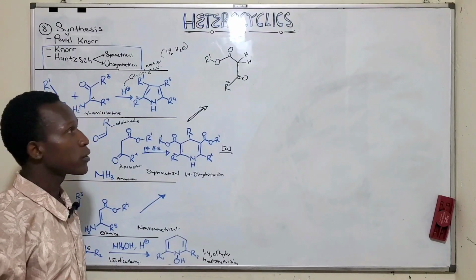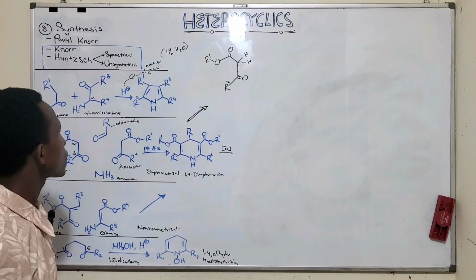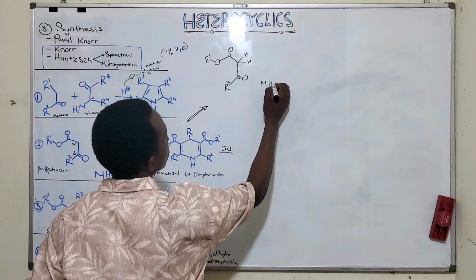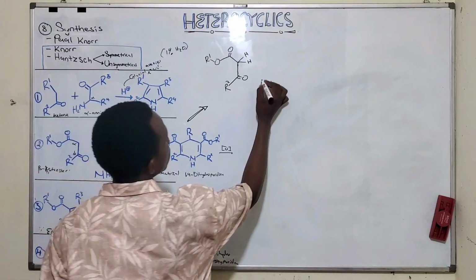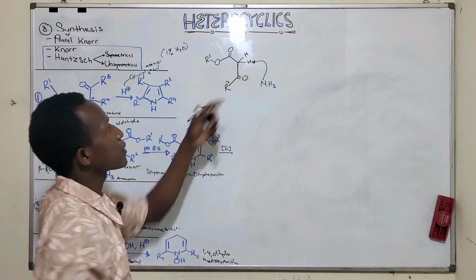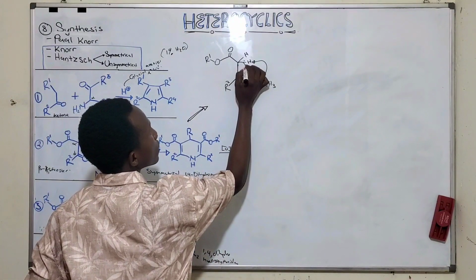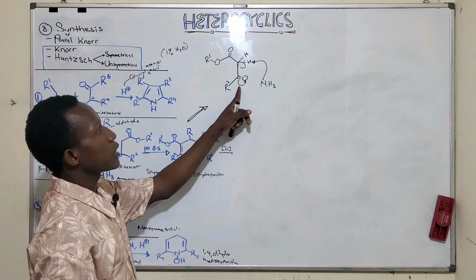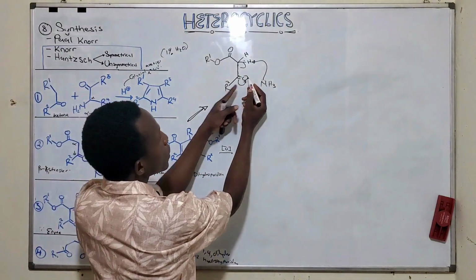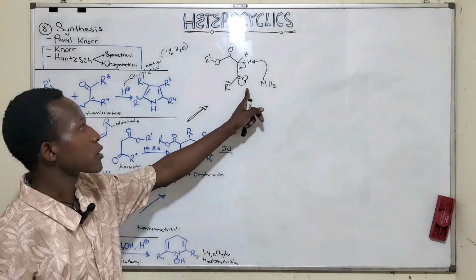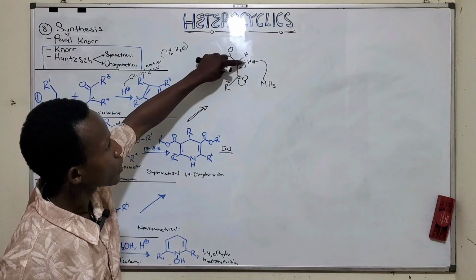Remember, as in the aldol reaction we saw in the very first video of synthesis, the base will come, which is now ammonia, takes up the hydrogen. As it takes up the hydrogen, this oxygen pulls electrons, since it is electronegative, then this one forms a bond there. So oxygen pulls electrons, creating a carbocation.